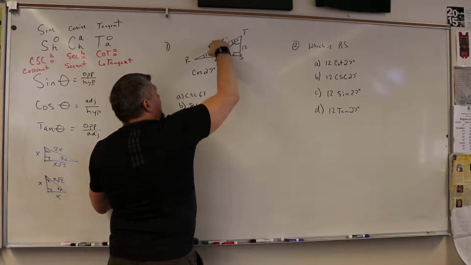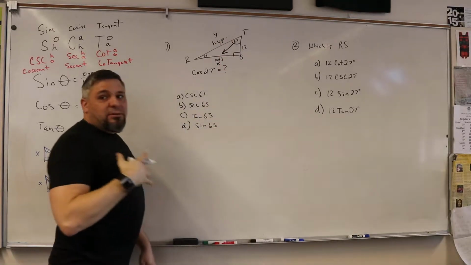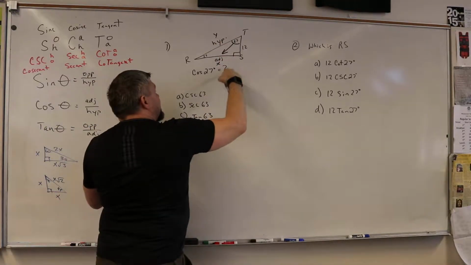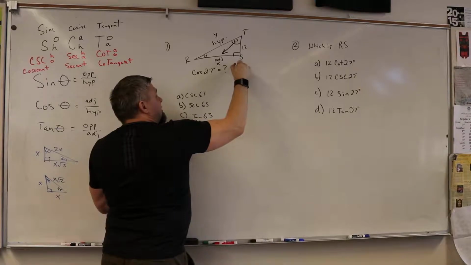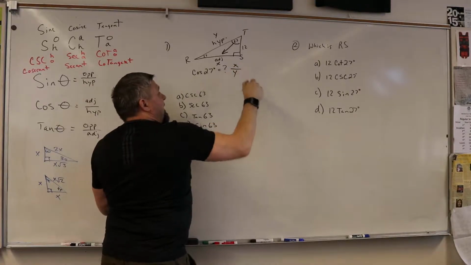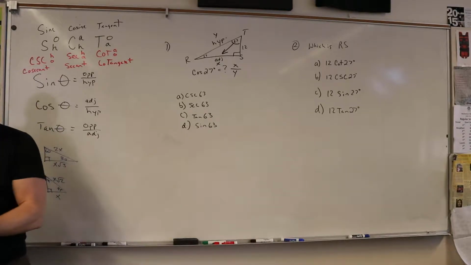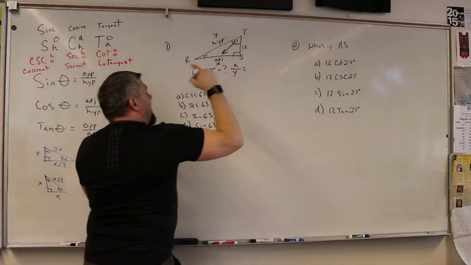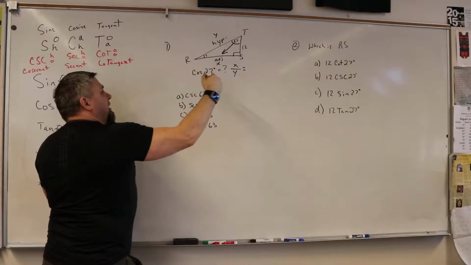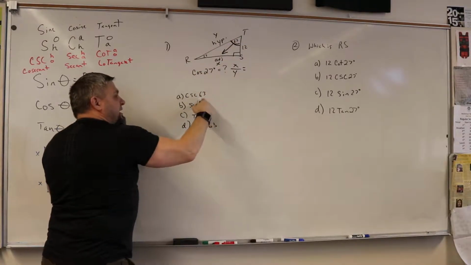So what we're saying is, instead of calling this adjacent, we just call it x. And if we call this y, then wouldn't this equal x over y? Is that correct? So then we're trying to see, what else equals x over y? And x over y can also be written from the 63 degree point of view.